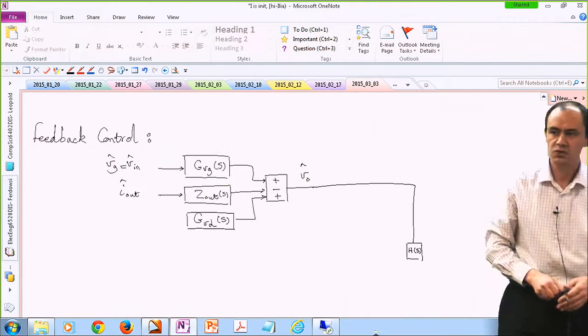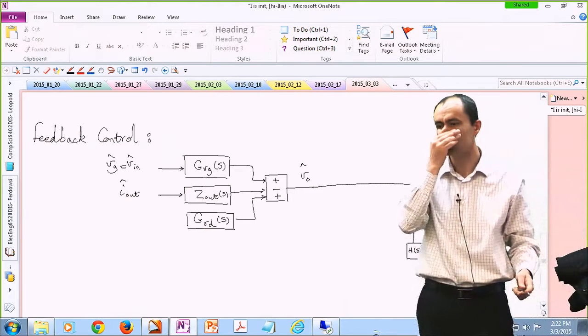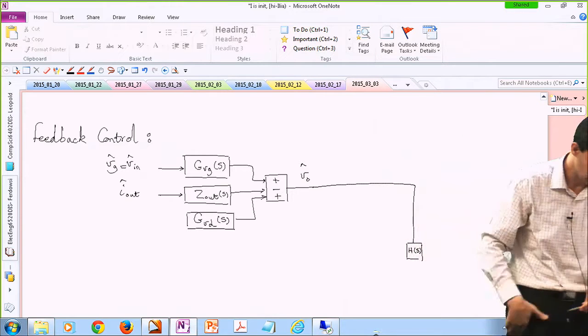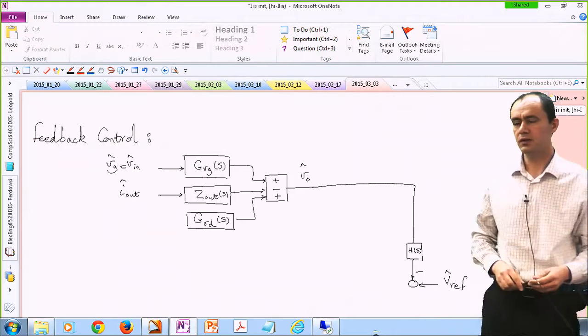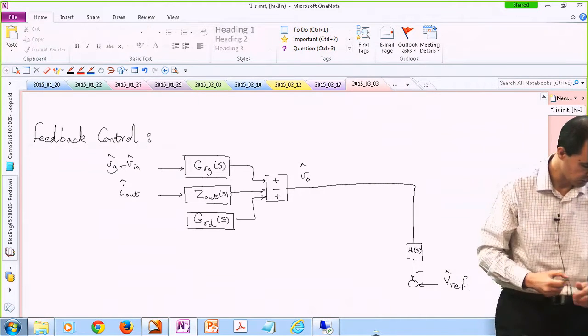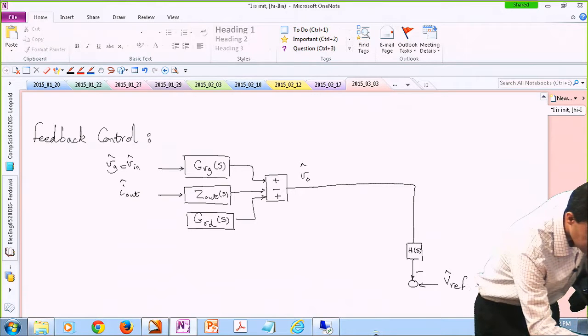So my sensor may have its own transfer function. It's usually just a step down, a gain, scaling down, but sometimes it could be a transfer function. We don't really perturb the reference, but for the sake of being comprehensive, I'm assuming that it is there, but usually it is 0 basically.